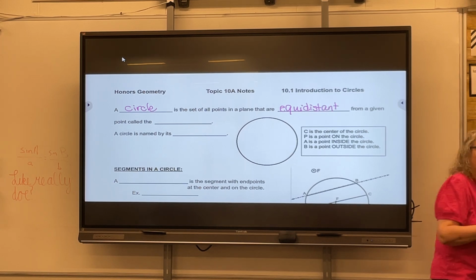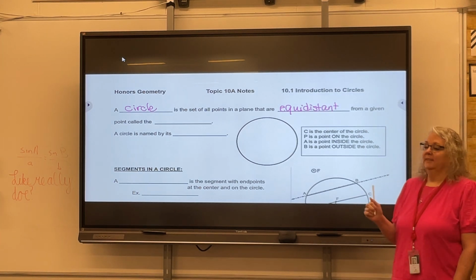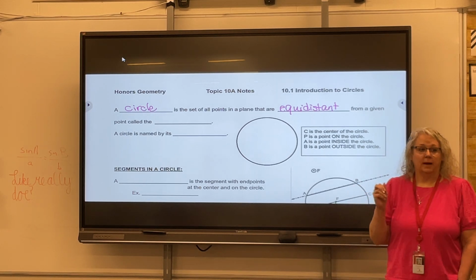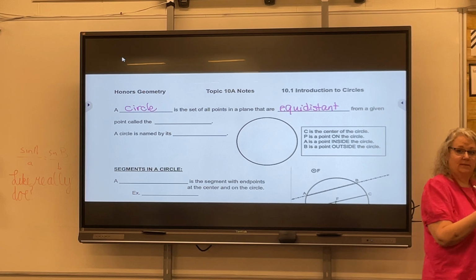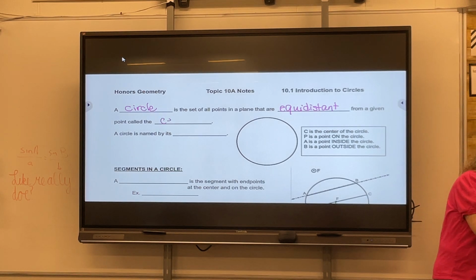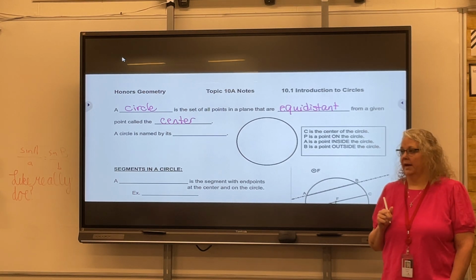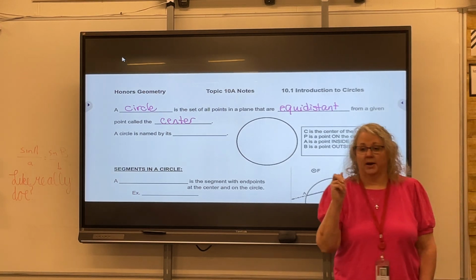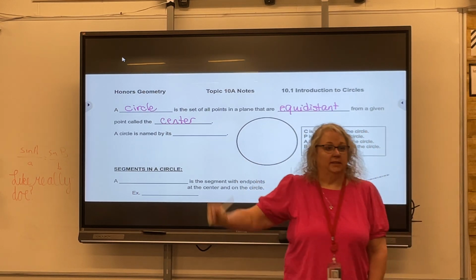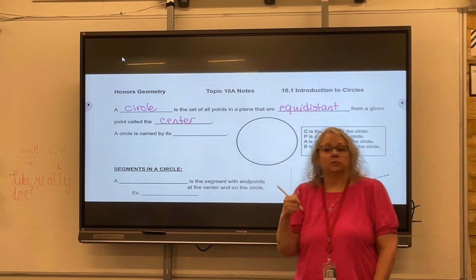You can divide it into two words, equidistant, but one word, equidistant from one point. That point is called the, anybody guess? The center of the circle. Close. The point is the center of the circle. So a circle is defined as if you have a point, all the points that are equidistant from that one point. That's what makes it a circle.